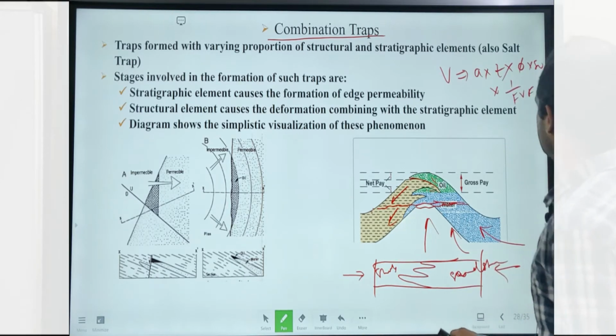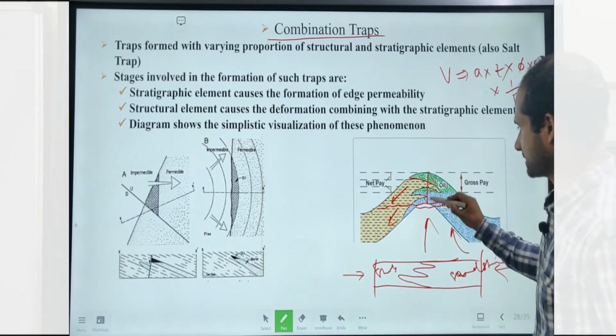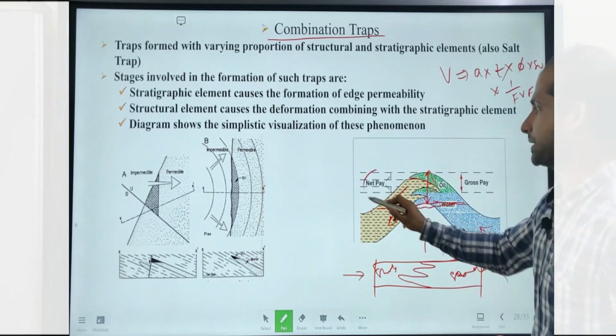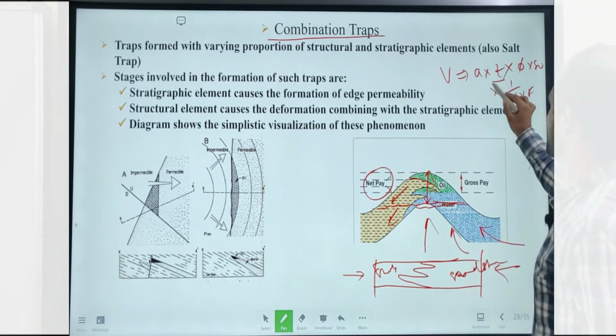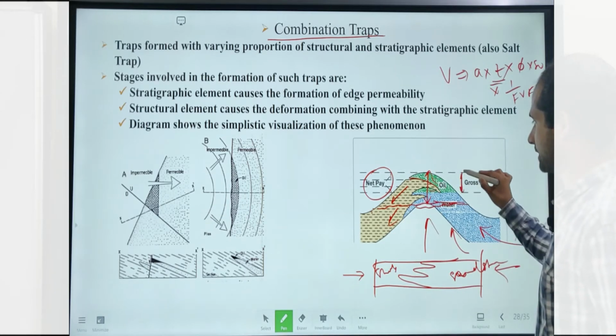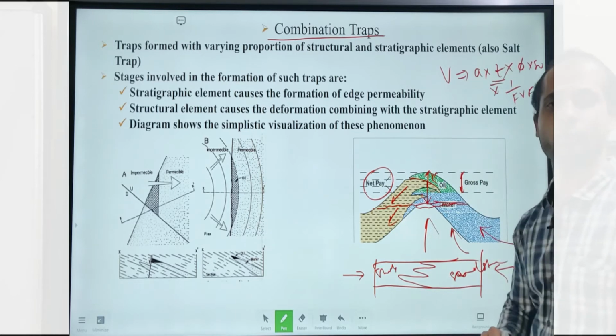So for this, we cannot take the entire thickness. This will be the net pay, including the sand. But here, thickness means the thickness which has the hydrocarbon. We have to eliminate this shale portion.